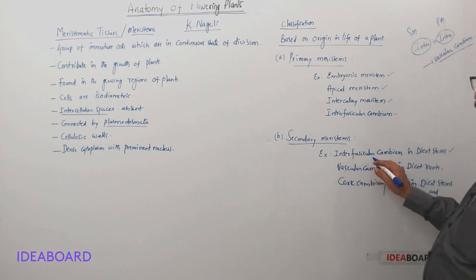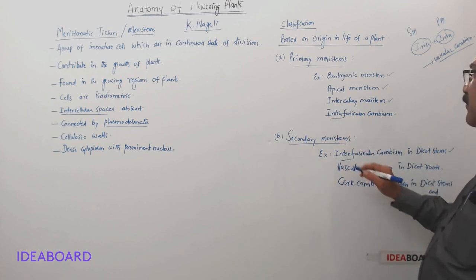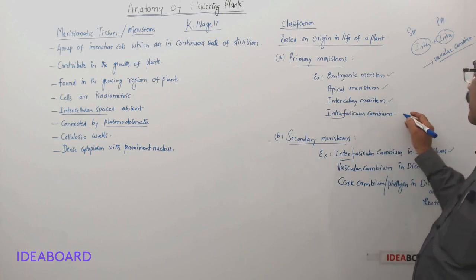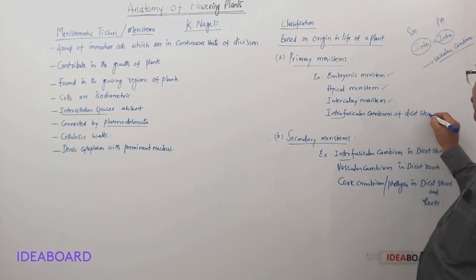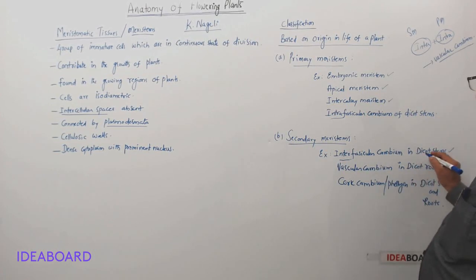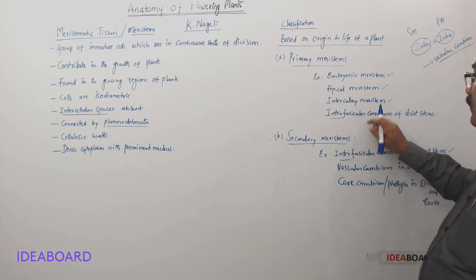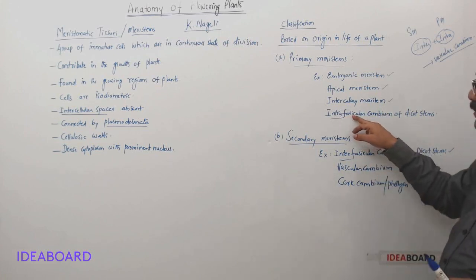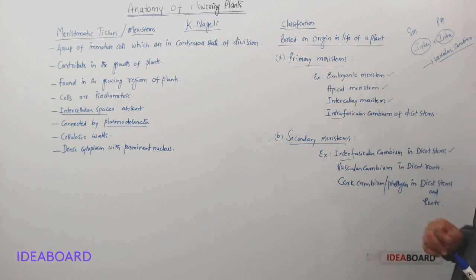That's why I wrote interfascicular cambium here, and here I wrote intrafascicular cambium. So the intrafascicular cambium of dicot stems and interfascicular cambium in dicot stems, already I wrote here. You can see this falls under primary meristem, whereas this falls under secondary meristem.